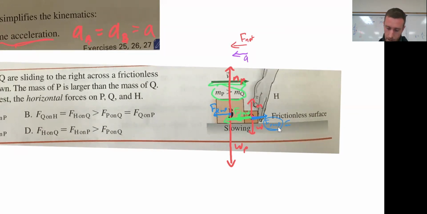Those are equal to each other. The force of the hand is bigger because of the net force slowing it down.